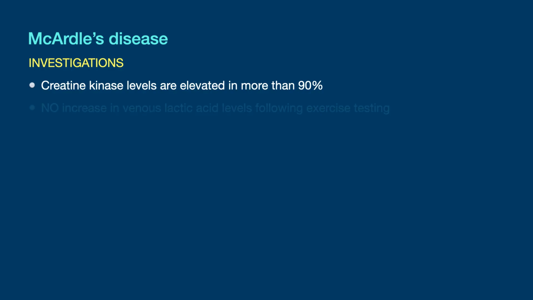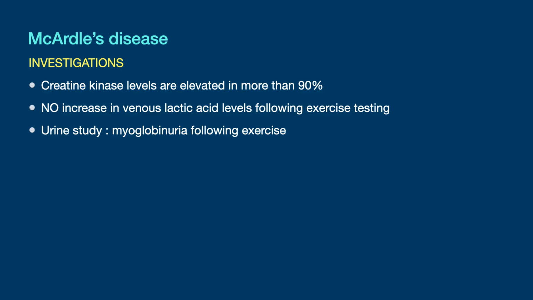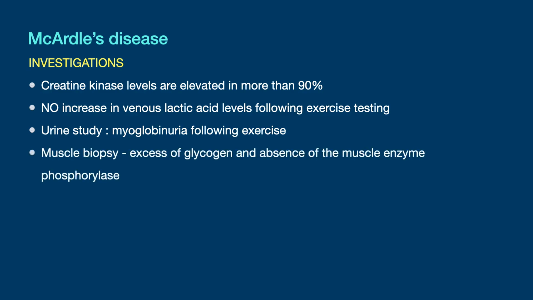There is no increase in venous lactic acid levels following exercise testing, and urine study may show myoglobinuria following exercise. Muscle biopsy shows an excess of glycogen and absence of the muscle enzyme phosphorylase. In the UK, the hotspot DNA testing is done for the two most common mutations. The gold standard for the diagnosis of McArdle disease is gene sequencing.